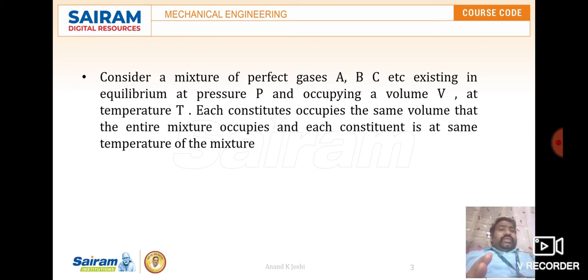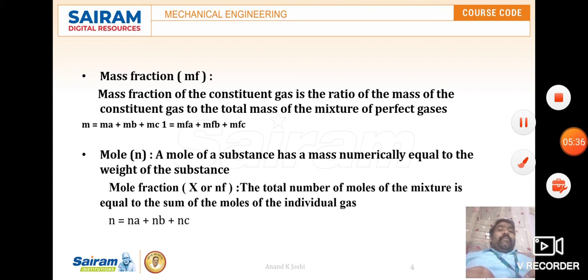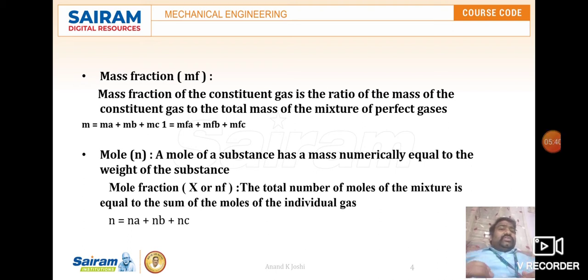Now let us understand some of the terminology involved in gas mixtures. First, mass fraction. The mass fraction of a constituent gas is the ratio of the mass of that constituent gas to the total mass of the mixture of perfect gases. Suppose a container holds a mixture of carbon dioxide, nitrogen and hydrogen, and I want to calculate the mass fraction.